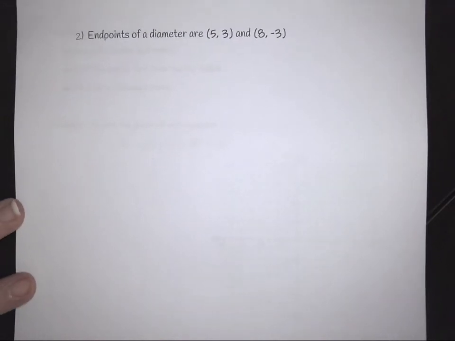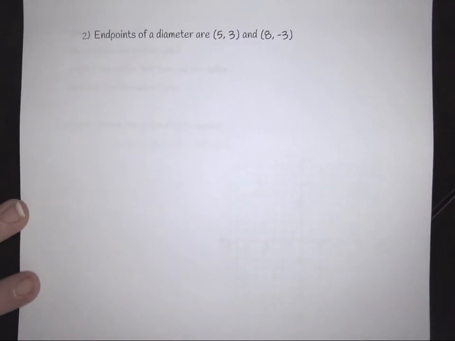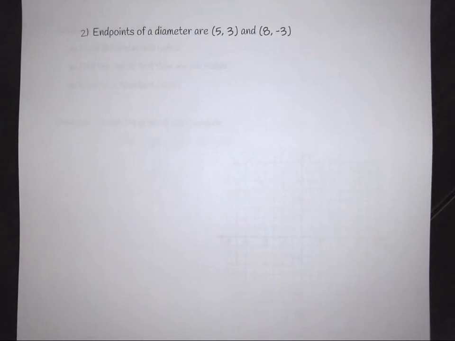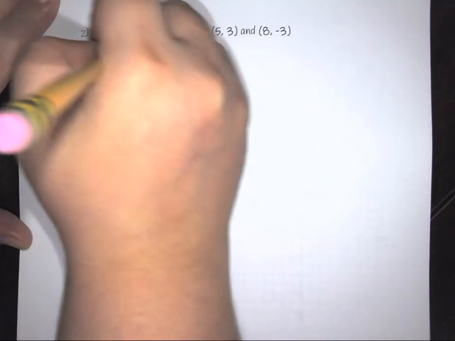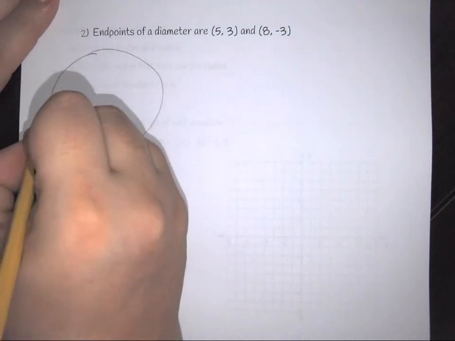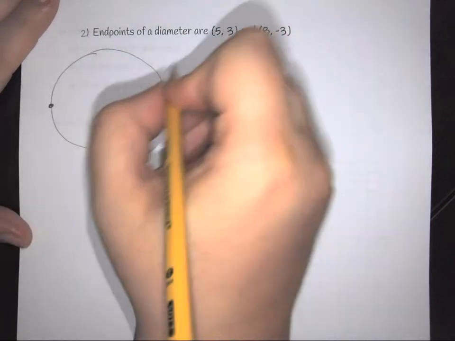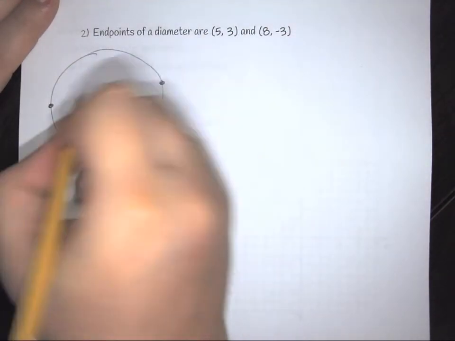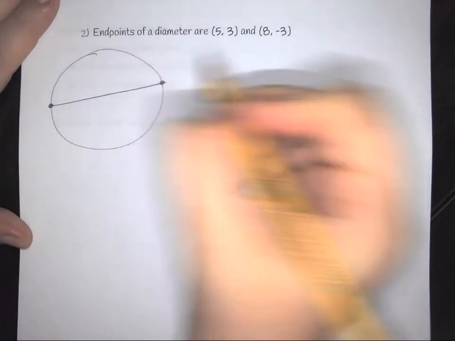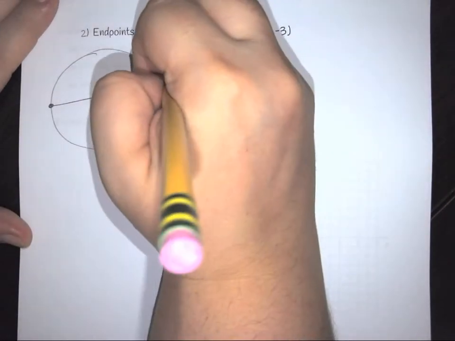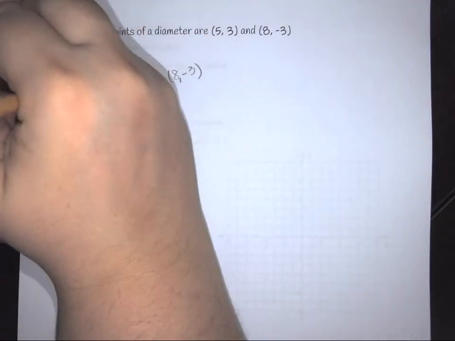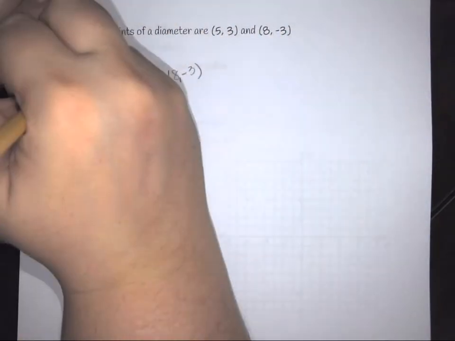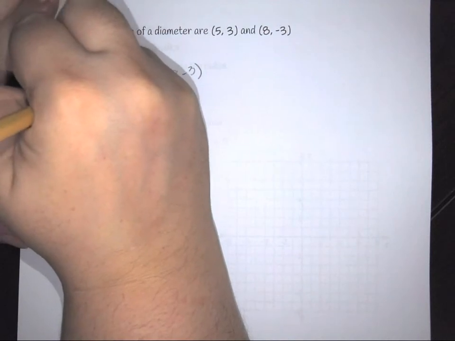Alright, now what happens if we are given instead the endpoints of the diameter? Again, I would draw myself a circle, and I would go ahead and input what I know. Well, I've been given the endpoints of a diameter. So I'm told that one of them is the point (8, negative 3), and the other is the point (5, 3).